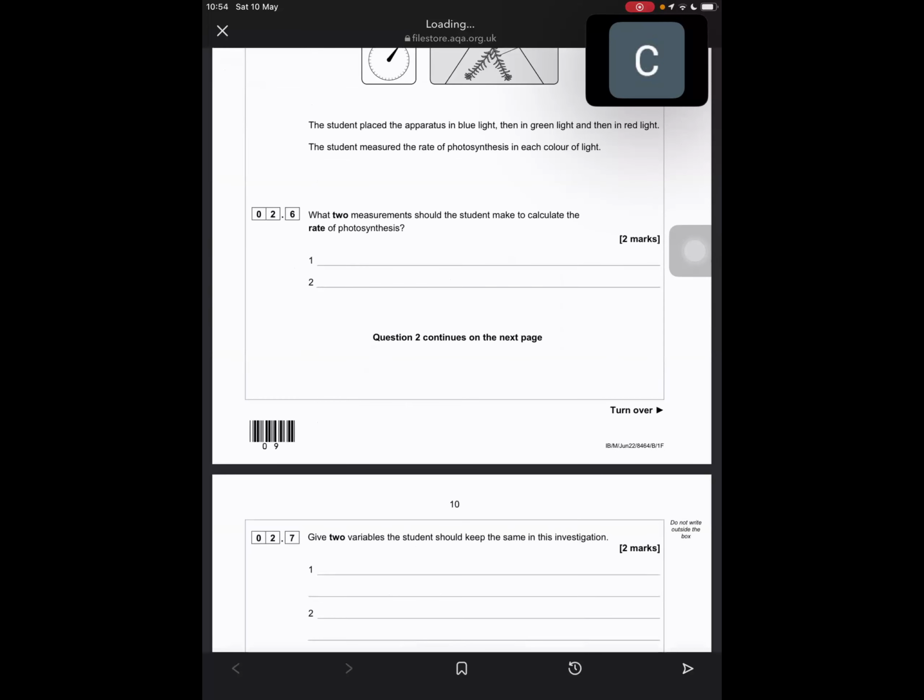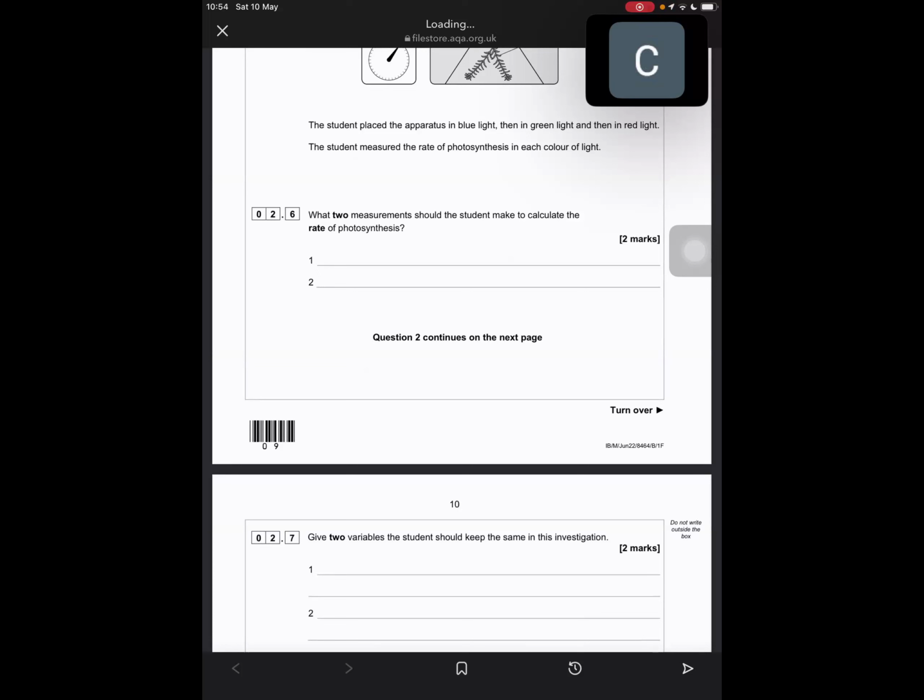It says give two variables the student should keep the same in the investigation. Okay, two variables the student should keep the same, so that they don't influence the results. Control variables.